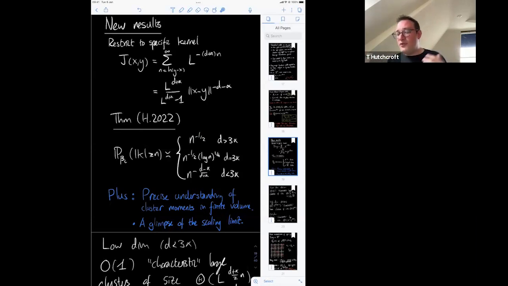Now, this is one nice thing you can extract at the end, but the proof really tells you a lot more than this. One point of the proof is it's implementing something like a renormalization group analysis of percolation, but really working with percolation.